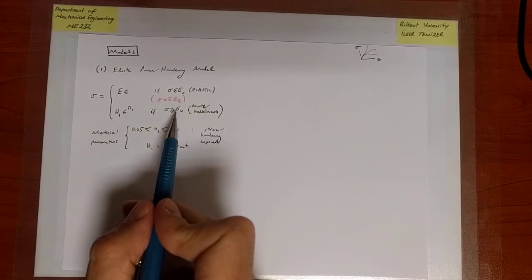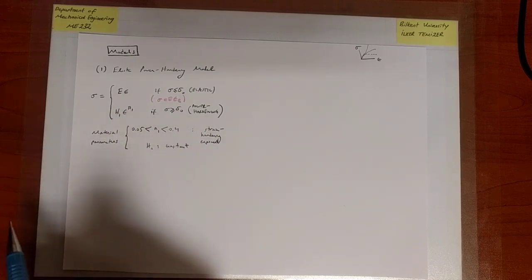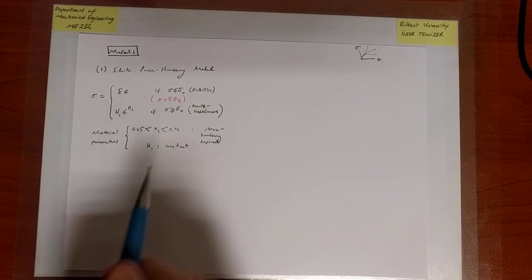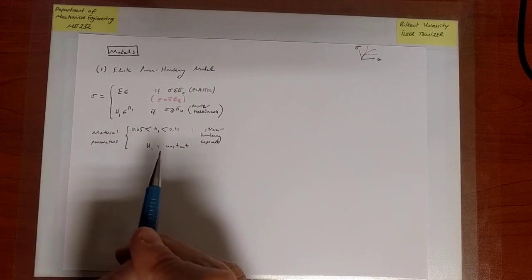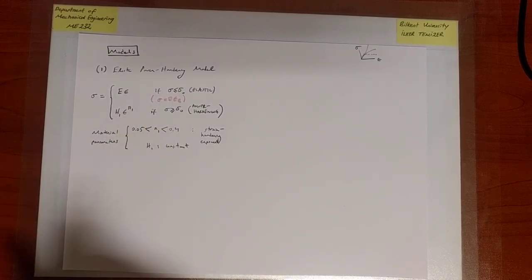Alternatively, if sigma naught is given, not all of the parameters that I see here, in particular H1 and N1, are independent from sigma naught. They are, it turns out, functions of sigma naught. So take a few minutes and think about whether you could determine sigma naught given E, H1, and N1. Now, I'm going to go ahead and give you the answer.